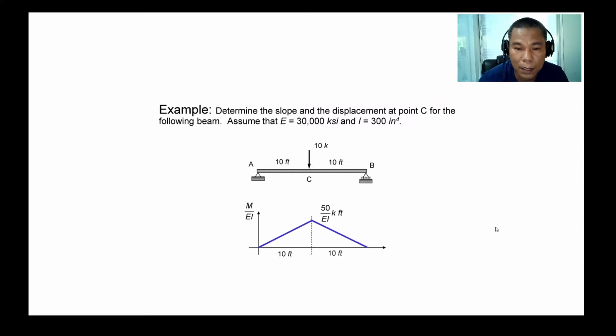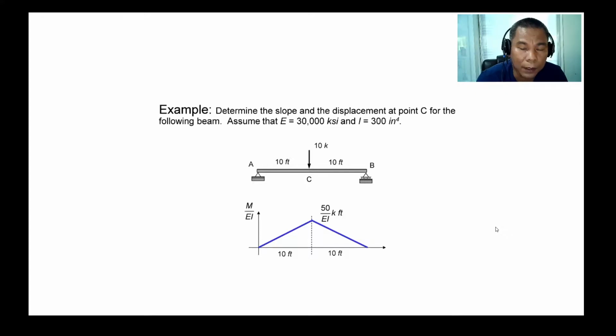So here is the moment diagram that I am talking about, and aside from the moment 50 kip-feet, you need to remember you have to divide it by the product EI. So that is why this is not simply a moment diagram, but it's an M over EI diagram.